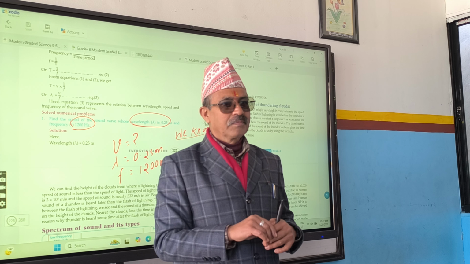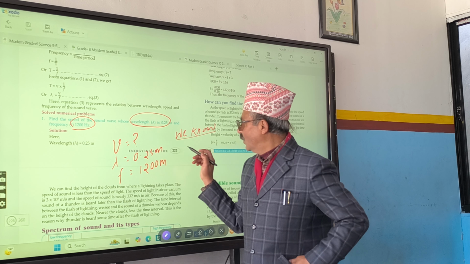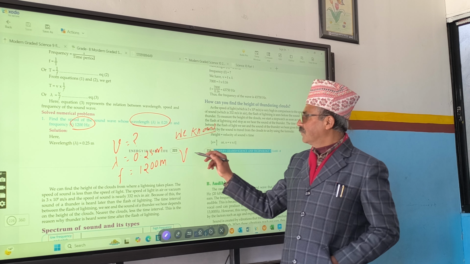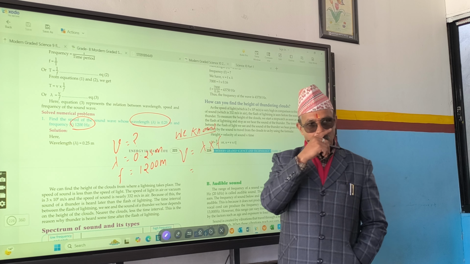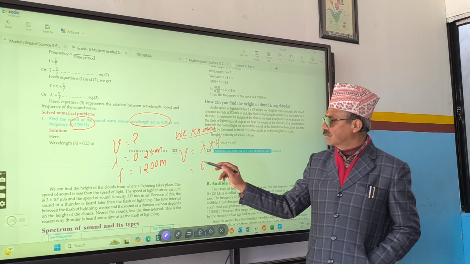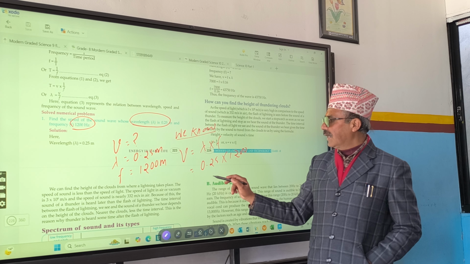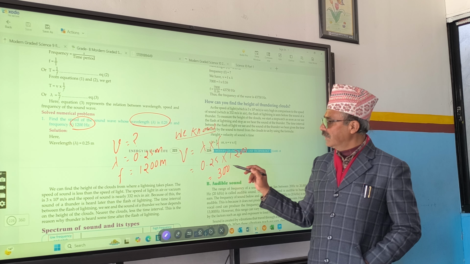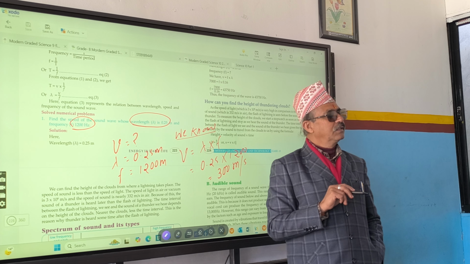Remember. Then we know that V equals lambda times F. Lambda is 0.25 multiplied by 1200. How much will come? 300 meter per second.